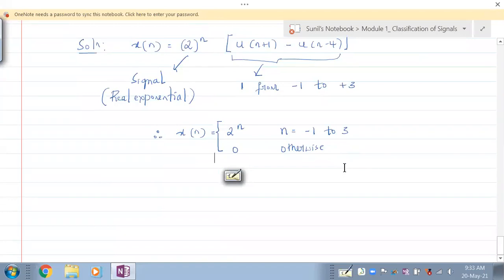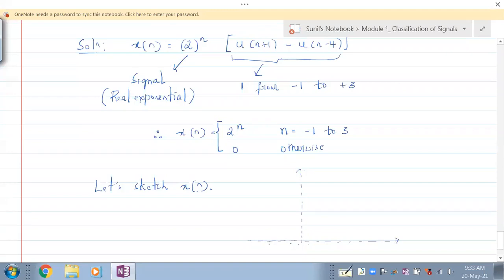So let's draw x of n first. Let's sketch x of n. Let's have the Y axis and the x axis, like this.